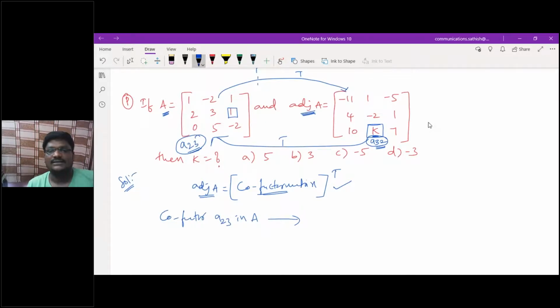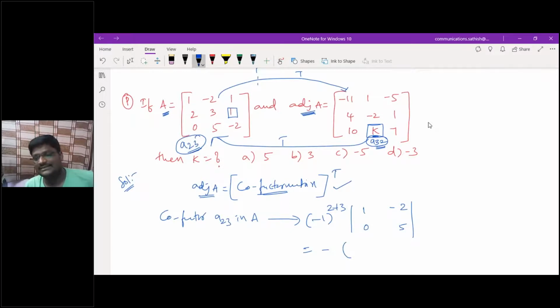With respect to this element, I need to eliminate this row and this column, which gives (-1) to the power 2 plus 3, and then I get 1, minus 2 and 0, 5. So it is (-1) to the power 5, which is minus, then AD minus BC. AD minus BC means 5 minus 0. What will be the answer?